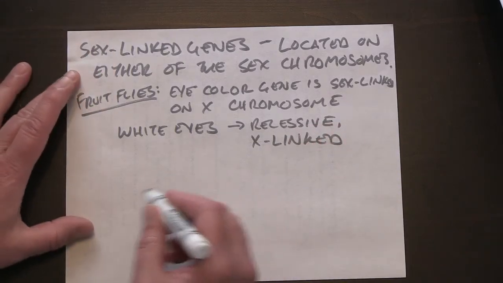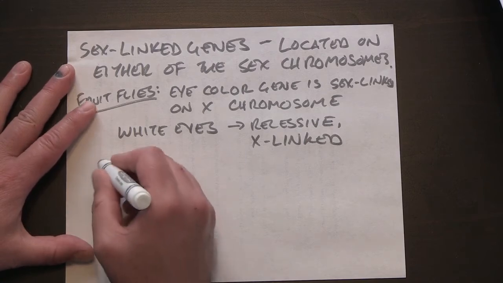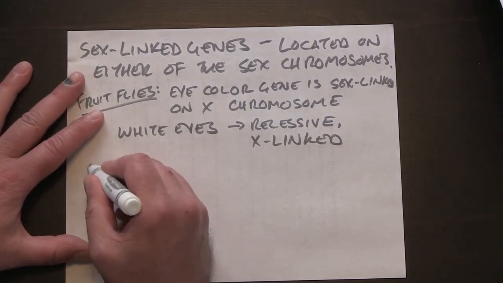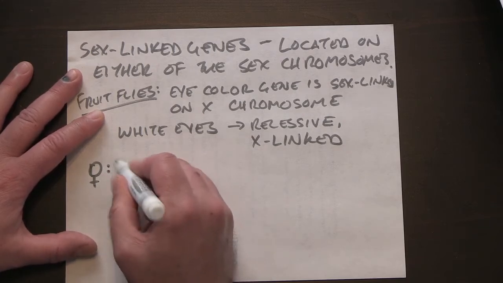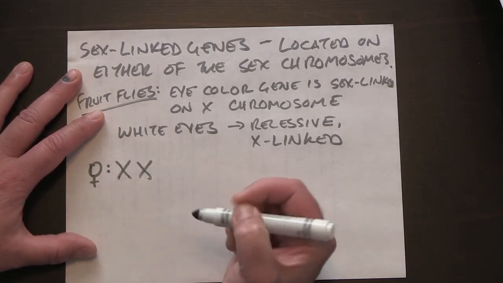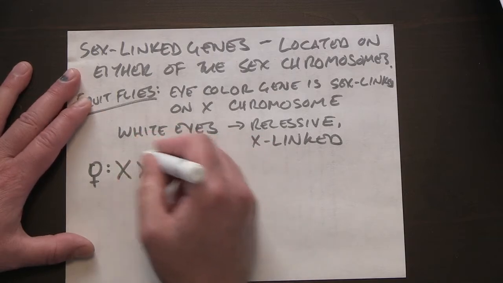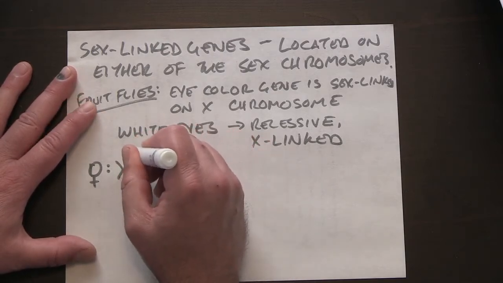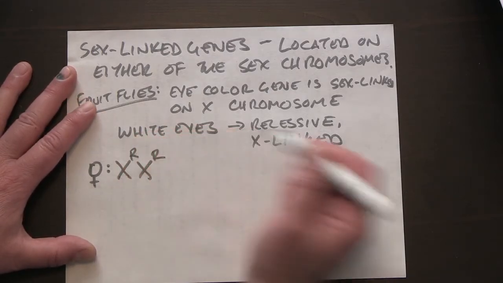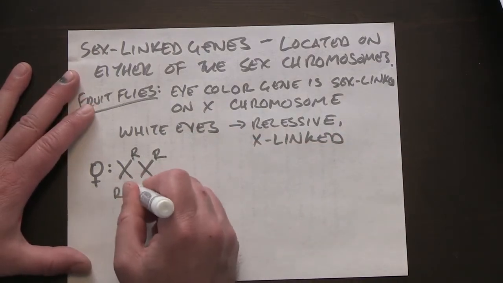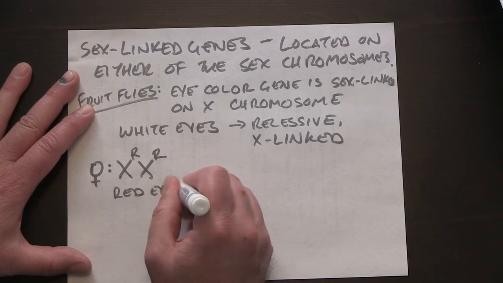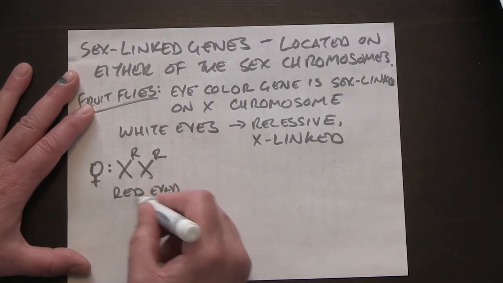So if you are a female, your genotype is going to be XX, right? And let's say big R means red eyes. So this is a red-eyed female.